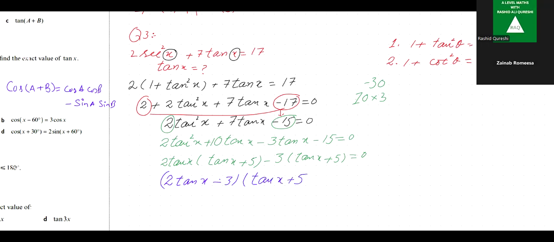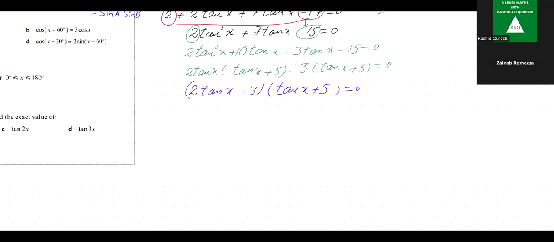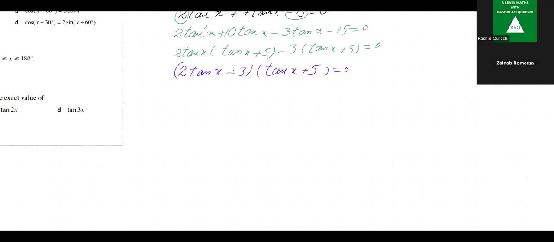We know that when the multiplication of two brackets is 0, then either the first bracket will be equal to 0 or the second bracket will be equal to 0. So I have to solve this one over here. Either the first bracket will be this one, 2 times tan of x minus 3 equal to 0, or the second one is tan of x plus 5 equal to 0.